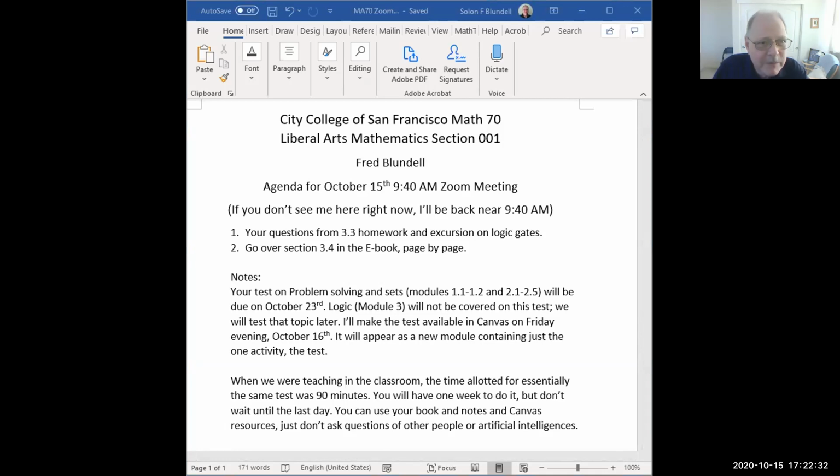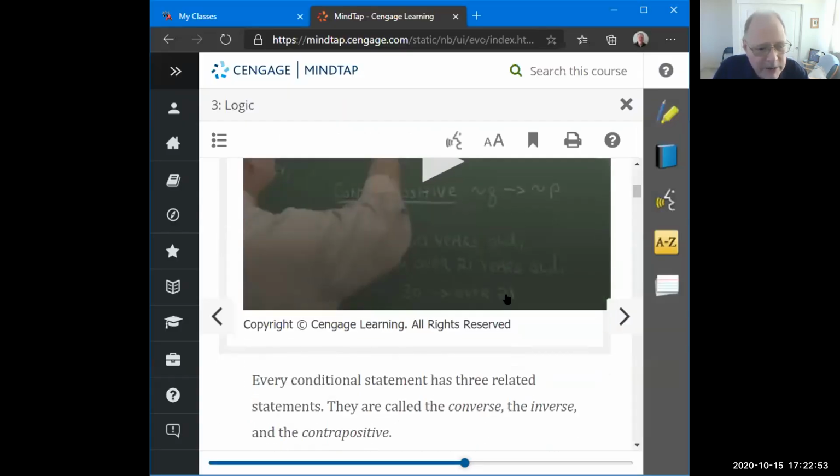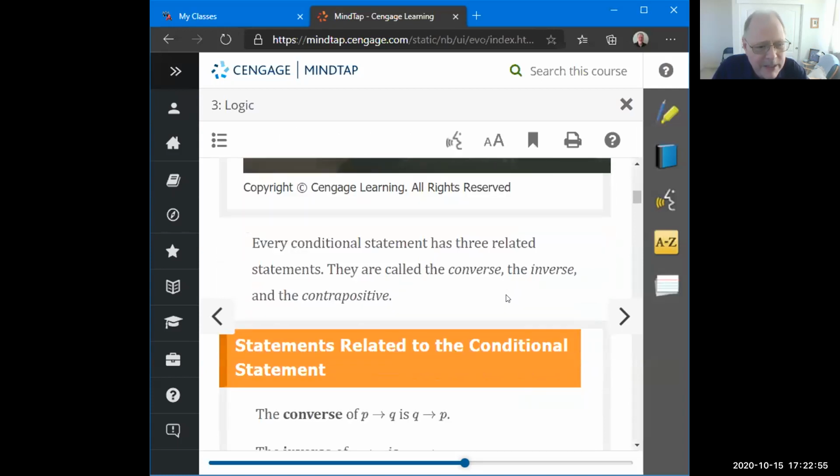We did the equivalent forms of the conditional. The author's got a video on the inverse, the converse, and the contrapositive, these statements related to the conditional.